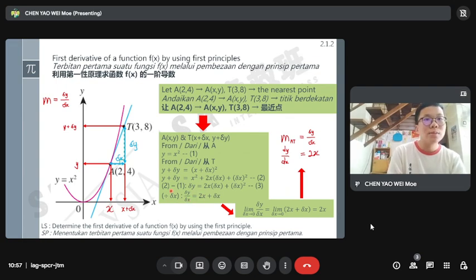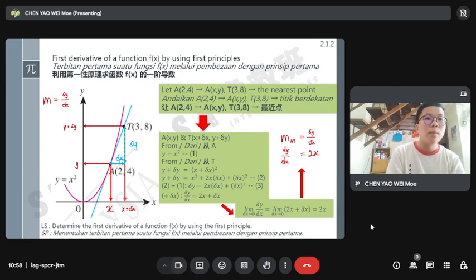Because here there is delta x, and here also delta x, I can divide by delta x. So delta y over delta x equals 2x plus delta x. Delta y over delta x is also the same as the gradient. So I can come up with a new equation: the limit as delta x approaches 0.